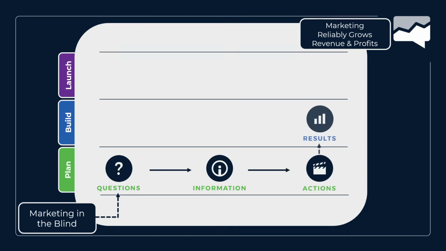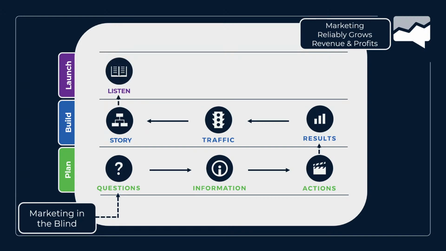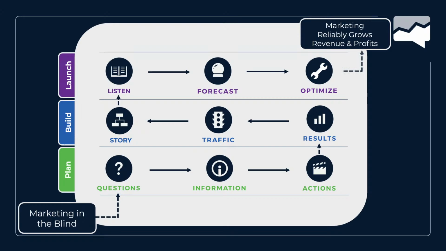Then we go into build, where you think about making sure the platform knows the results you're trying to get, knows where the traffic is coming from, and connects those two together in a natural story. When you have a natural story from your measurement, you can listen to the conversation that is happening between the users and the website. Based on that conversation, you can then forecast how that conversation is going, and whether it is going the way you want it to be going, like it should be going. And then you measure against your forecast. That's how you know what to optimize. That's the measurement marketing framework in a nutshell.